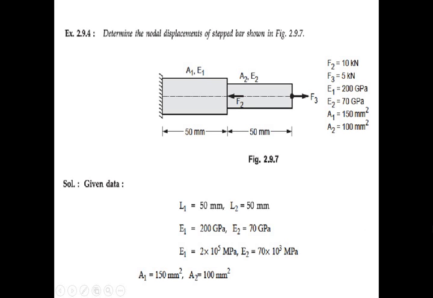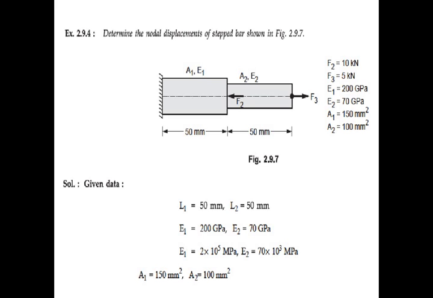Determine the nodal displacement of the step bar, as shown in the figure. The bar is fixed at the left end and at the free end a force F3 is applied. Also a force F2 is applied towards the fixed end at a distance of 50 mm from the fixed end.